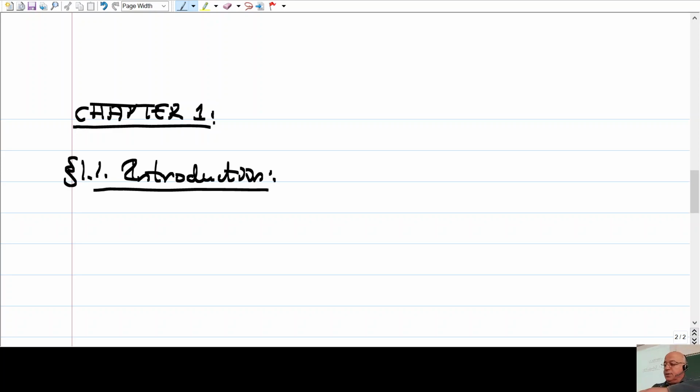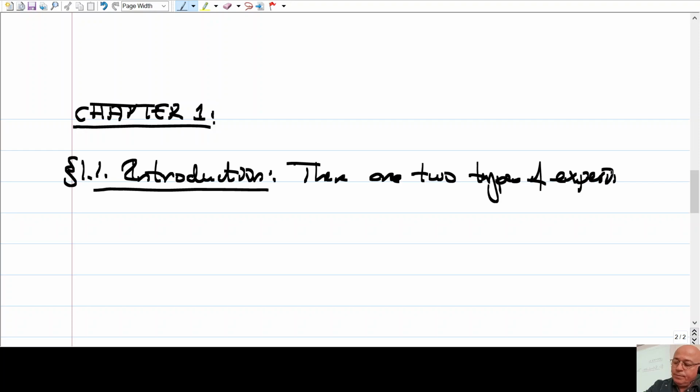Okay, now let's start. So first we have the introduction. So there are two types of experiments. First kind is with deterministic outcome.